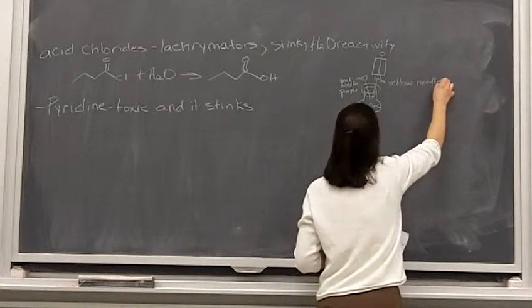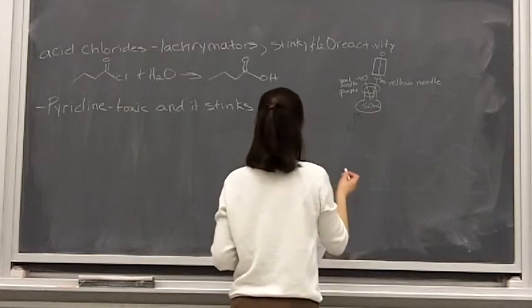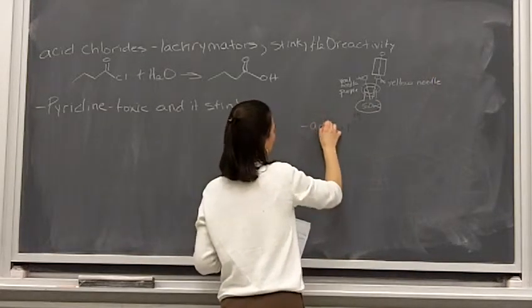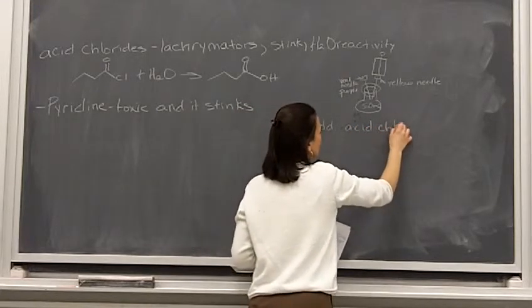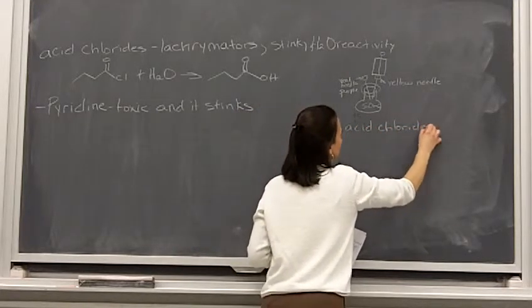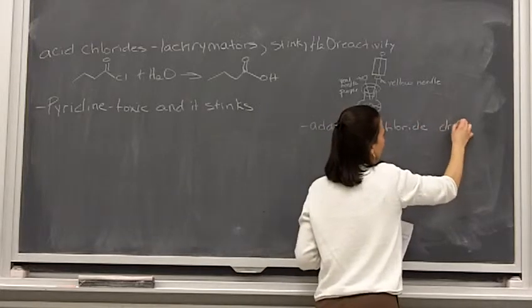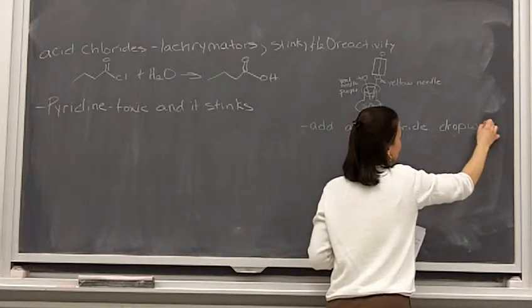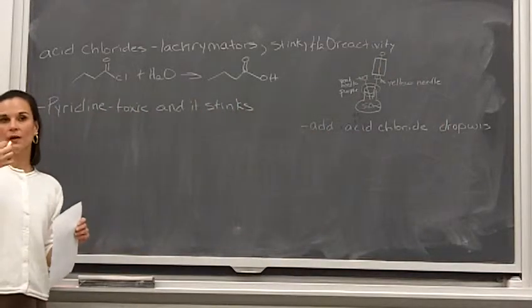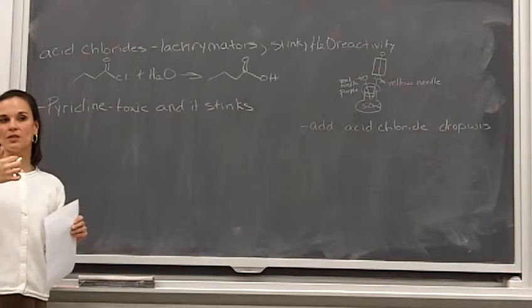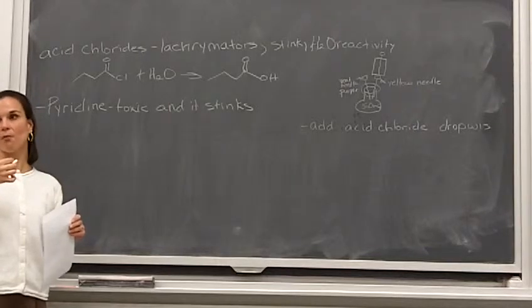You're going to add your acid chloride dropwise from the syringe. So we are going to dispense the acid chloride and stick the syringe into your reaction, and then you are going to carefully use the syringe and add that acid chloride dropwise to your reaction.